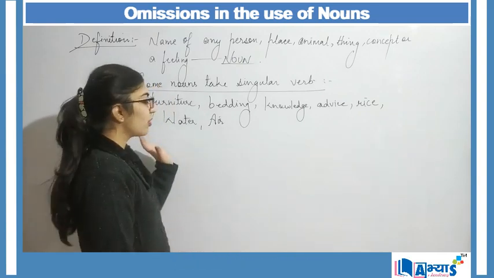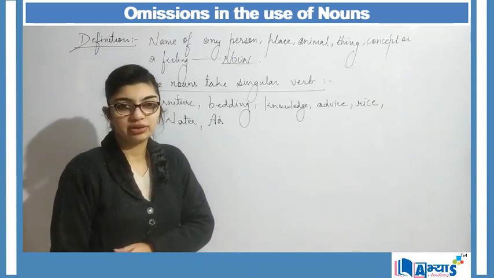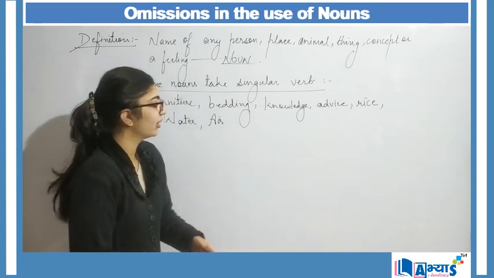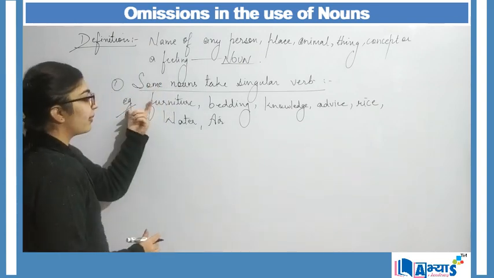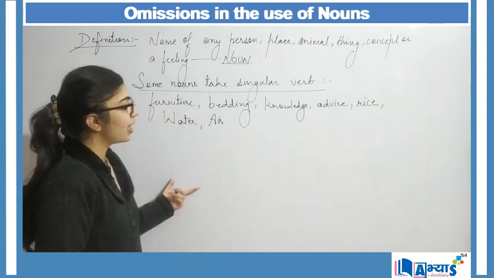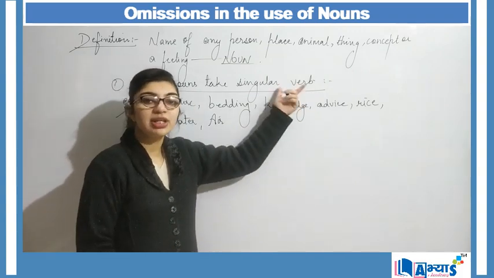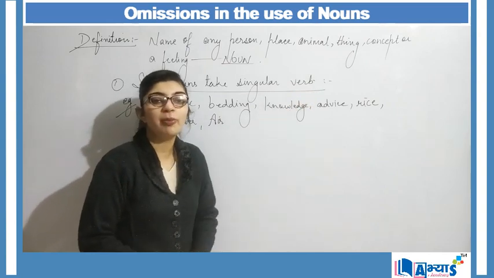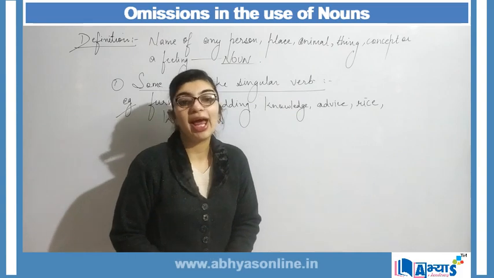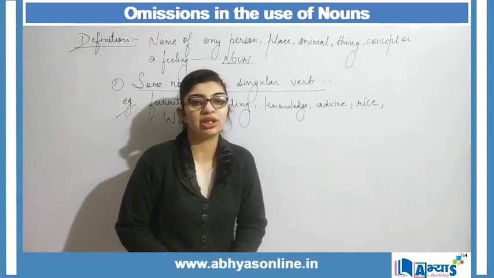We will only say water is flowing. Water is rushing. Right? So, when we apply this in sentences, we will understand how these nouns take a singular verb. A singular verb can be in the form of is, am, or it can be has. These are the forms of singular verbs.